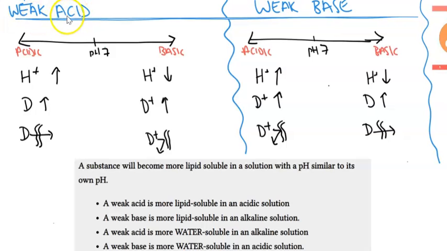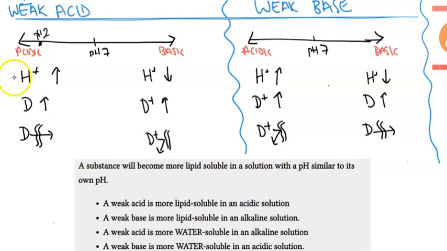Well, if this drug gets absorbed into your stomach, and we know that your stomach has a pH of 2, it would be somewhere around here on the scale.